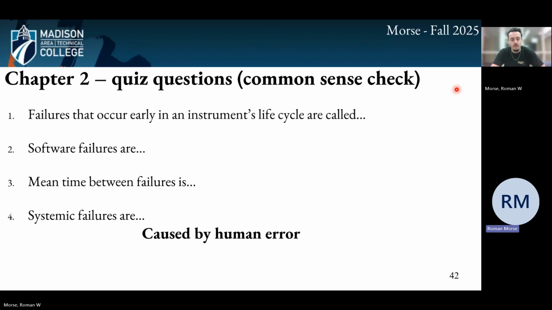Systemic failures, this is caused by human error. Think of this as Chernobyl. So this is just people not doing their job, or incorrectly using components, incorrectly performing maintenance. This is caused by incompetence, bad engineering, or just mistakes. I mean, sometimes people just make mistakes. That happens, absolutely. But a systemic failure is more of a practice issue than a single person making an issue.